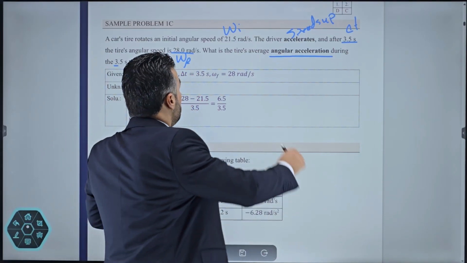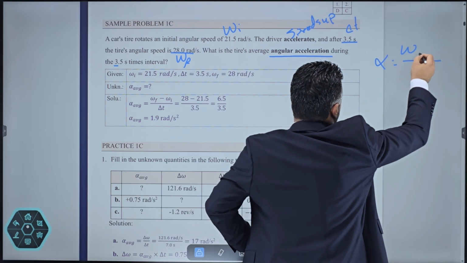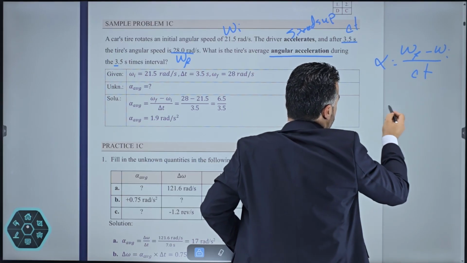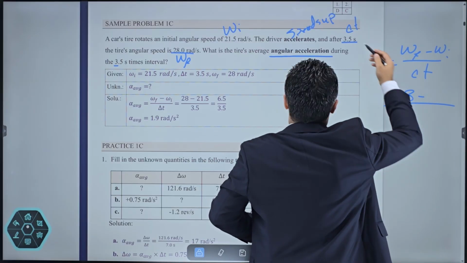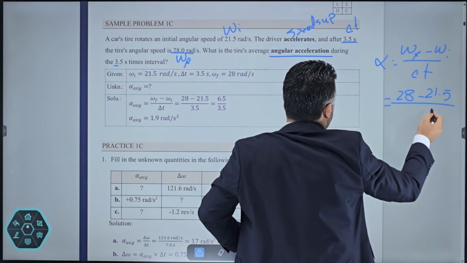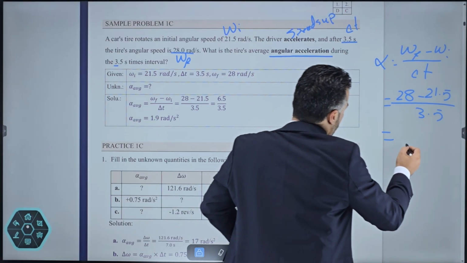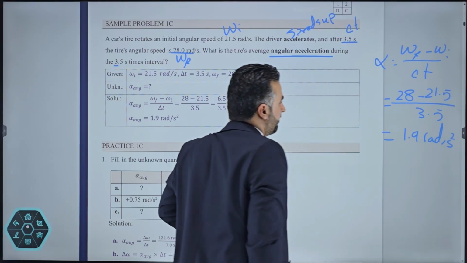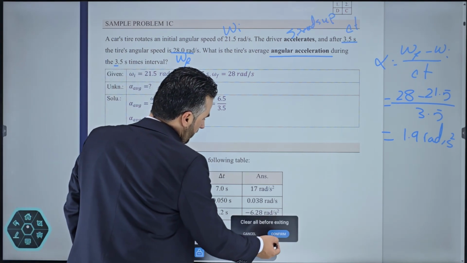Once again, angular acceleration is equal to omega final minus omega initial, divided by delta t. Excellent. So omega final is 28, minus omega initial, that is 21.5, divided by the time, which is 3.5. You do the math and you're going to get 1.9 radian per second squared. Don't forget the squared here. That is how easy you can do this question.